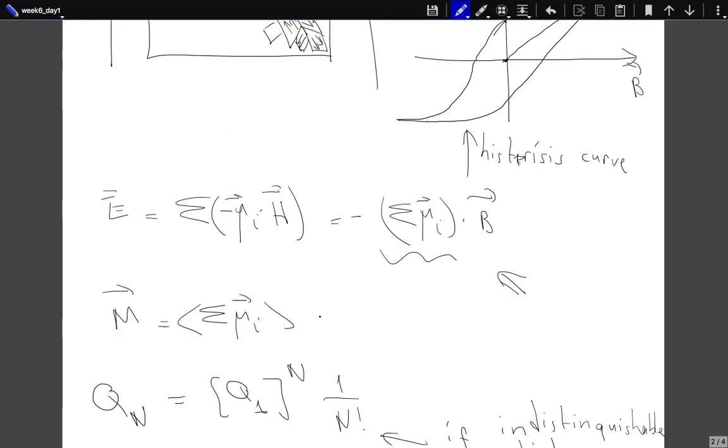The magnetization of the system we can write as nothing but minus the gradient with respect to the coordinates of B of E. So this is the magnetization.